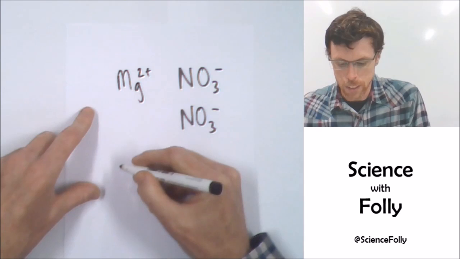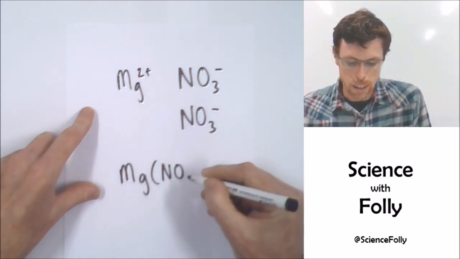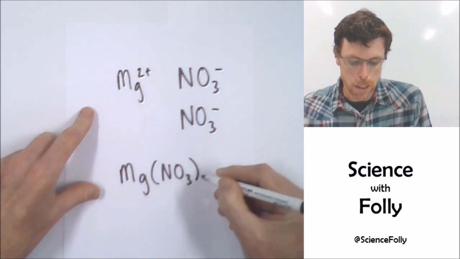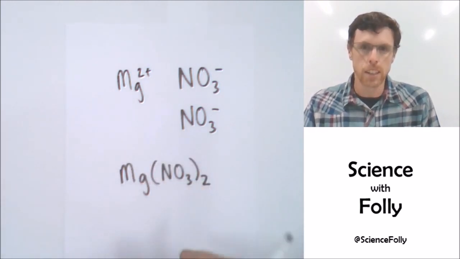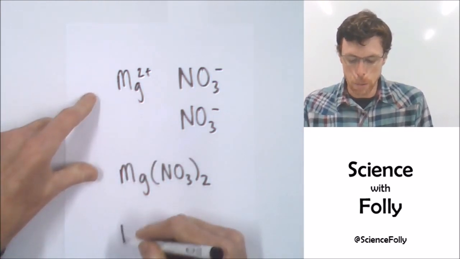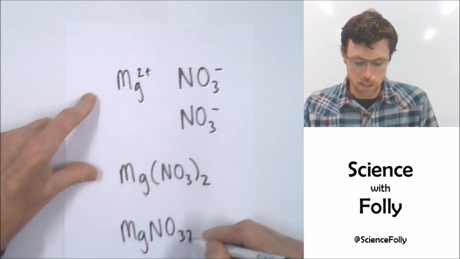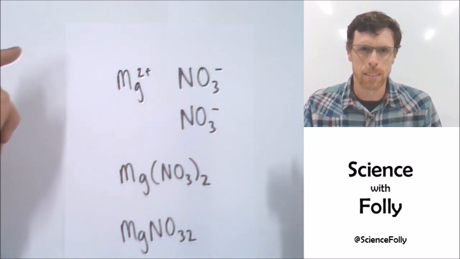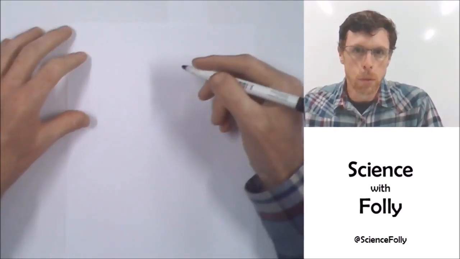How do we write it? Mg(NO3)2. That 2 means I've got 2 NO3s and the brackets show that ion is together. If I put MgNO32, that doesn't make sense. Who's going to write that kind of stupid stuff? Are you? Here's one more hard one to try.